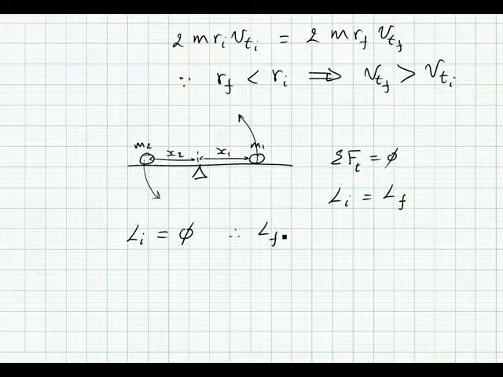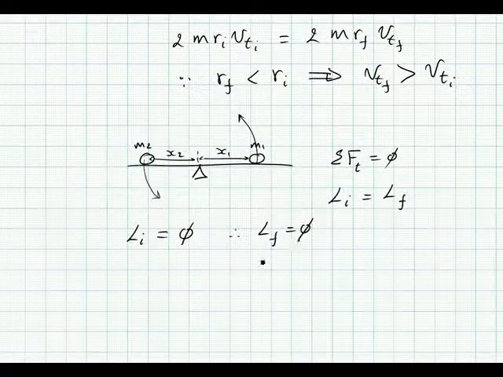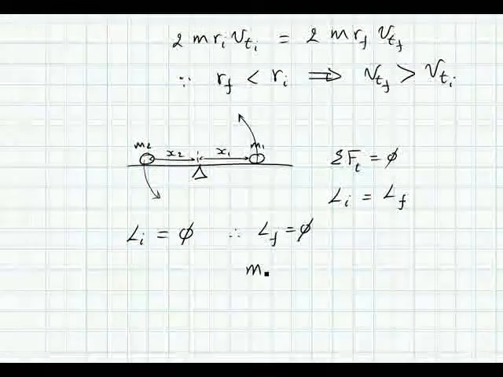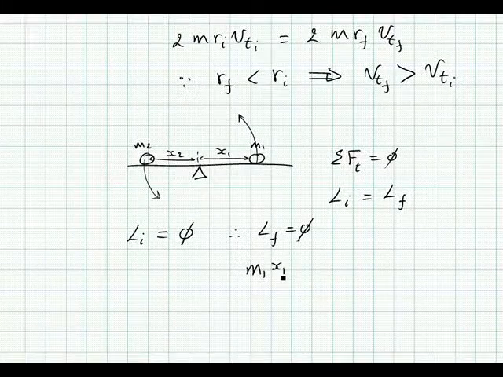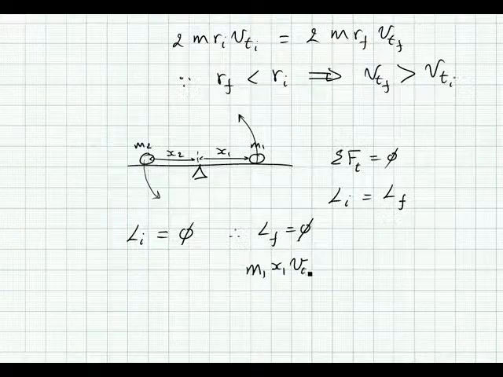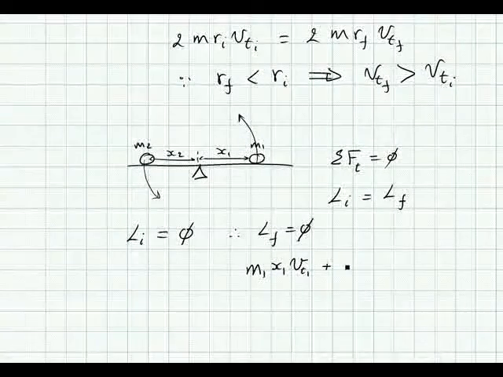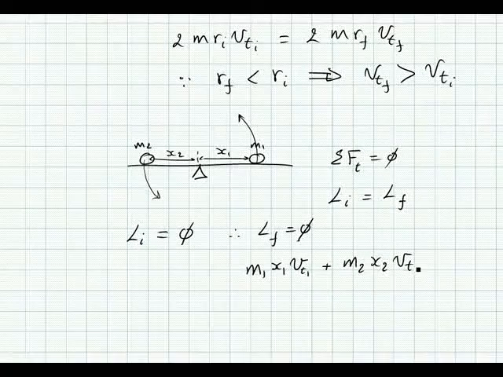Therefore L final must equal 0. Now L final is mass 1 x1 times velocity tangential 1 plus mass 2 x2 velocity tangential 2.